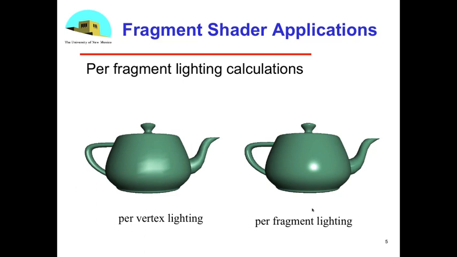But if you can do that on a fragment by fragment basis, which was only possible before programmable shaders to do offline, you do it very slowly. Now we can do it in real time, and notice you get this very, very narrow highlight, and you can see a little bit here on the spout how the highlight comes out much nicer. Couldn't do that before.